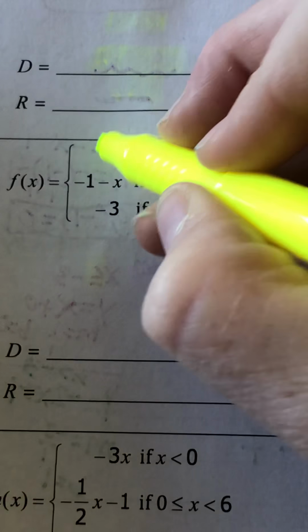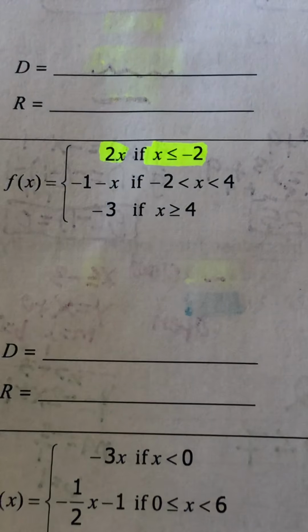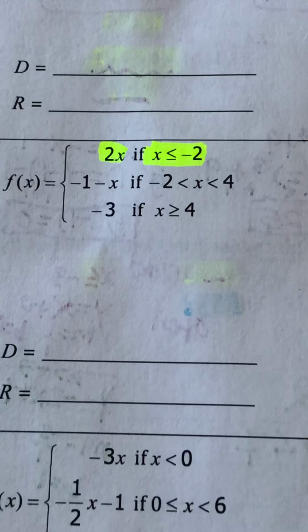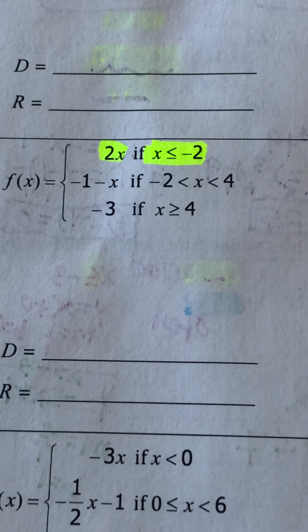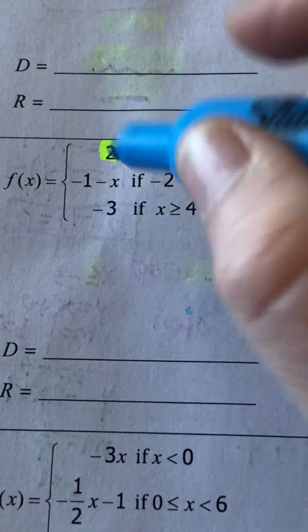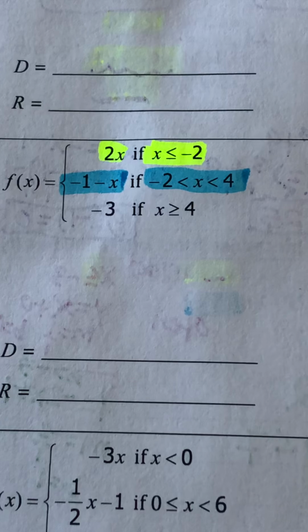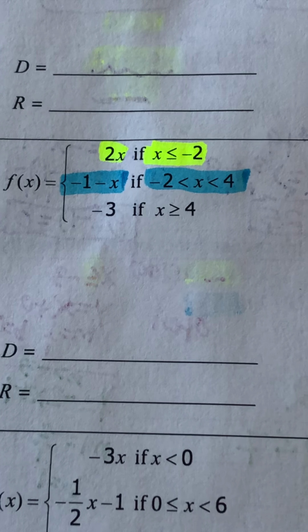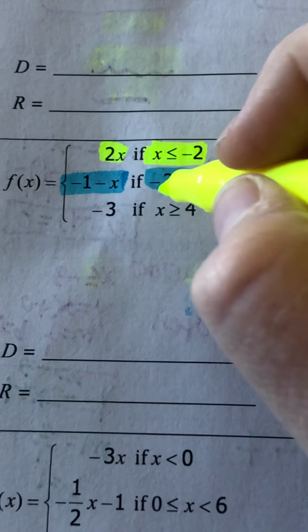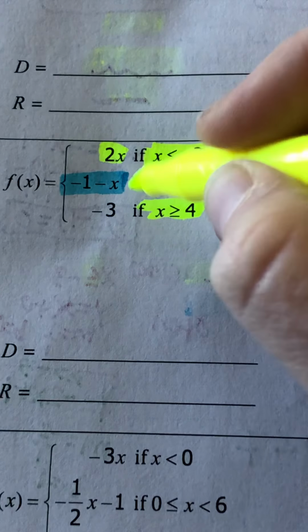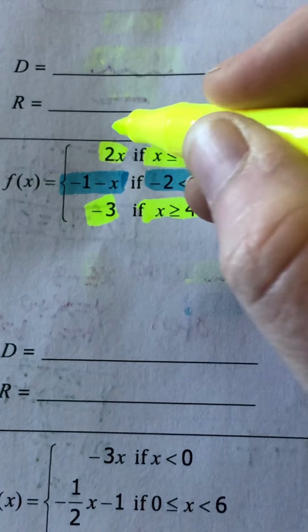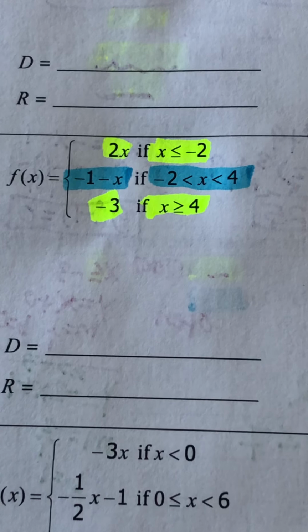Less than or equal to -2 is going to be the graph y equals 2x. All right, then from -2 to 4, open, is going to be -1 minus x. And then greater than or equal to 4, 4 and beyond, it's -3.